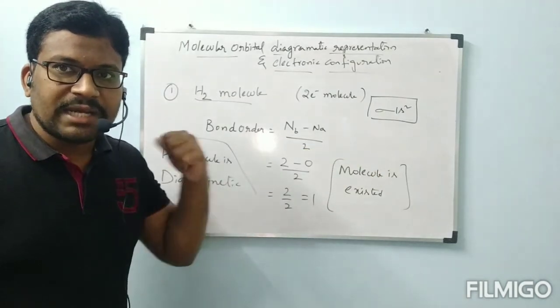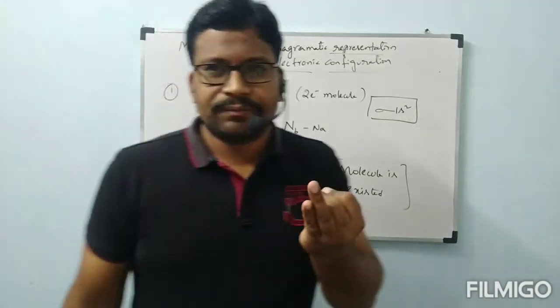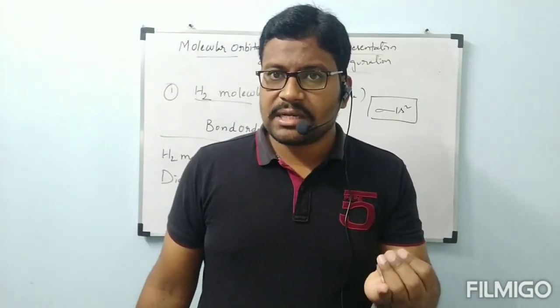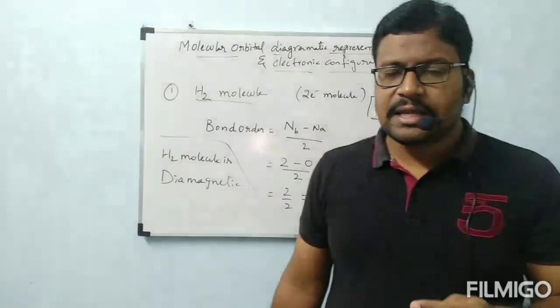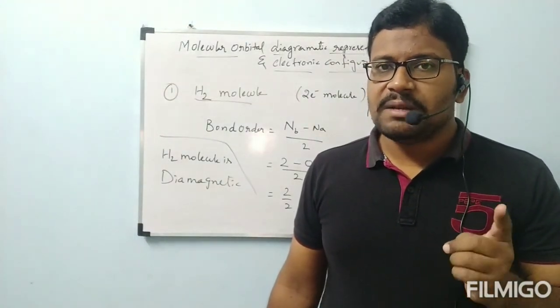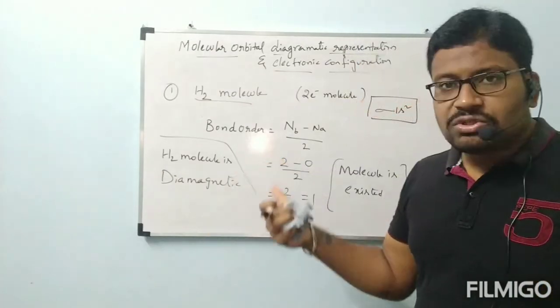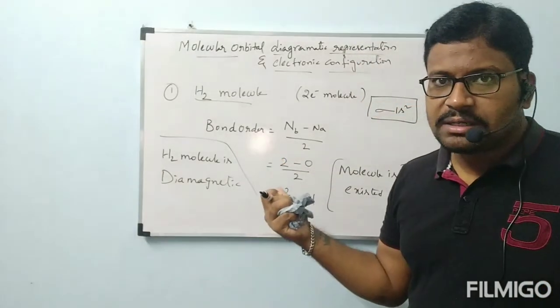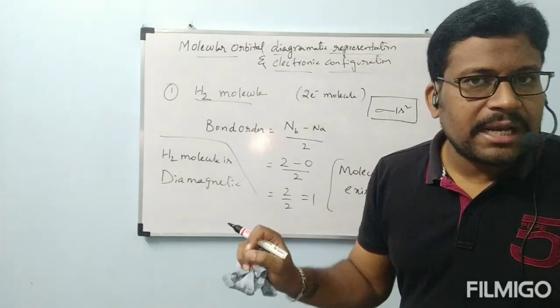No. Already I told you the magnetic properties: diamagnetic, paramagnetic and ferromagnetic. A diamagnetic substance must not contain any unpaired electron. A paramagnetic substance must contain at least 1 or 2 unpaired electrons. A ferromagnetic substance contains more than 2 unpaired electrons. This H2 molecule, after writing the molecular diagrammatic representation, does not contain any unpaired electron.